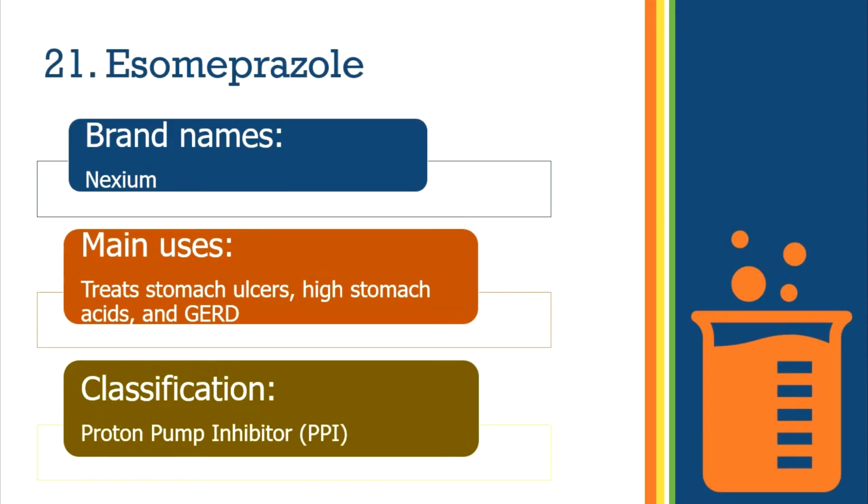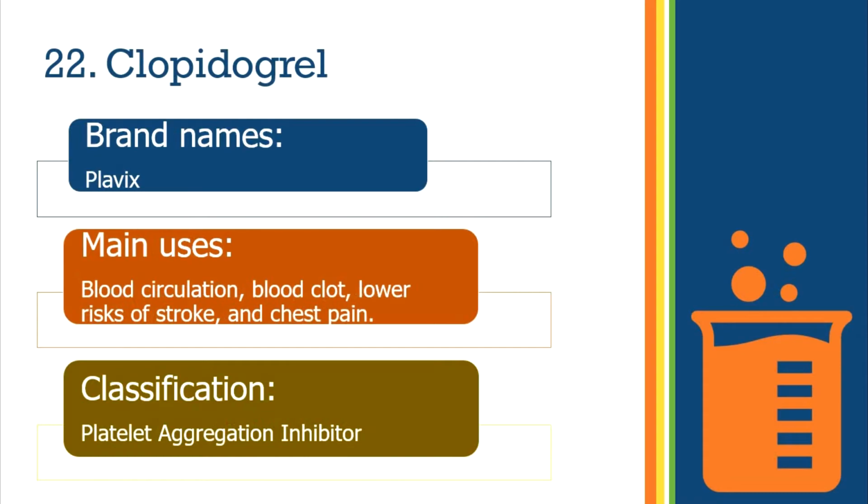Esomeprazole, also known as Nexium. It's also used to treat stomach ulcers or high stomach acids, classified as a proton pump inhibitor. Clopidogrel, also known as Plavix.